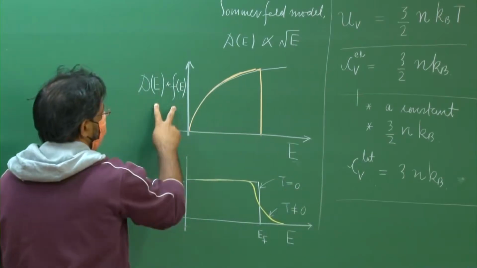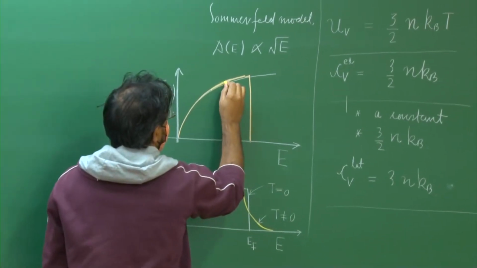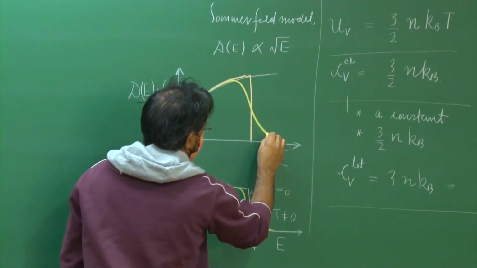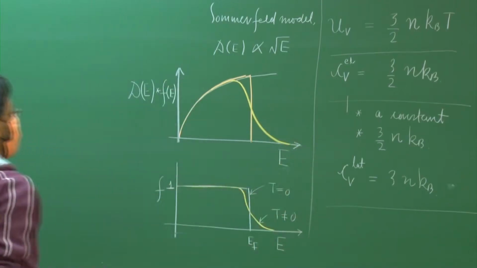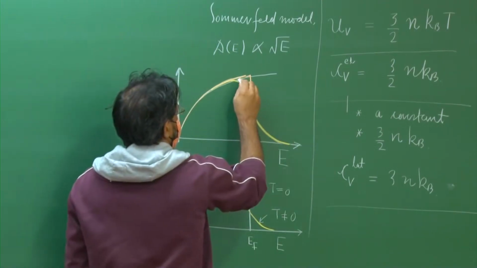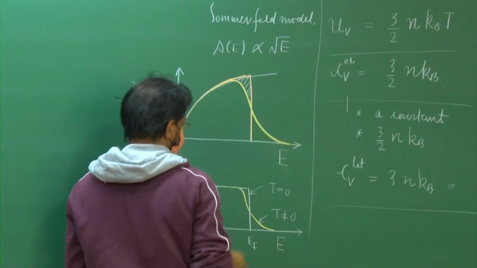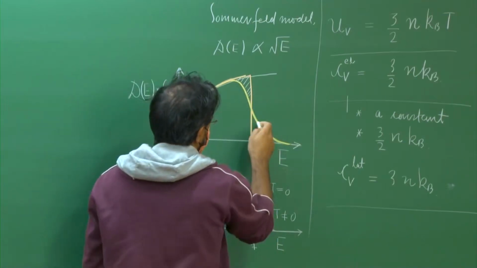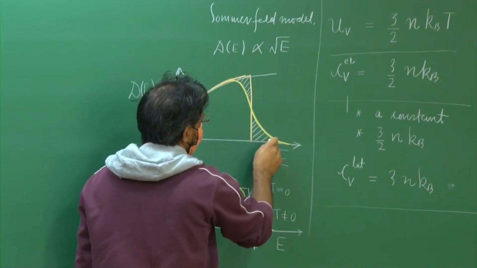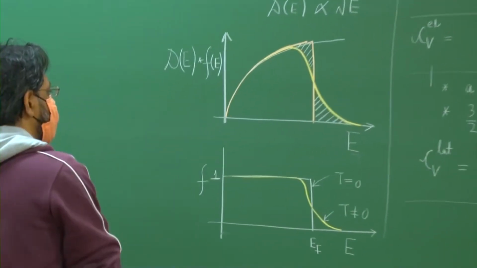The corresponding product function would again do something like this. This part depicts the empty states and this part depicts the filled states. The states that were unfilled at 0 temperature now have a finite probability of getting filled.